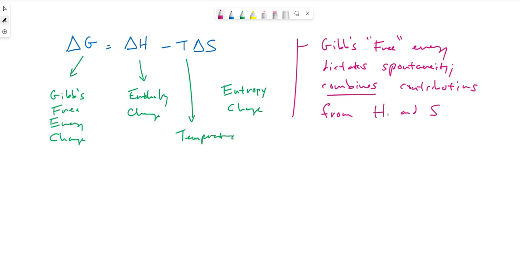So we need a new type of energy to define that, really the energy that defines whether or not a system is spontaneous or not. And we call that Gibbs free energy. And this is one of the most important expressions in all of chemistry because it accounts for both the enthalpy changes, the heat changes in a system, and the entropy changes. And those taken together give an overall free energy change.